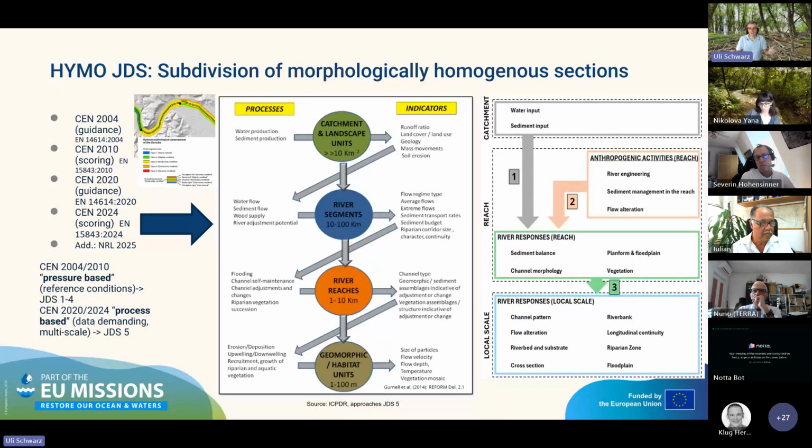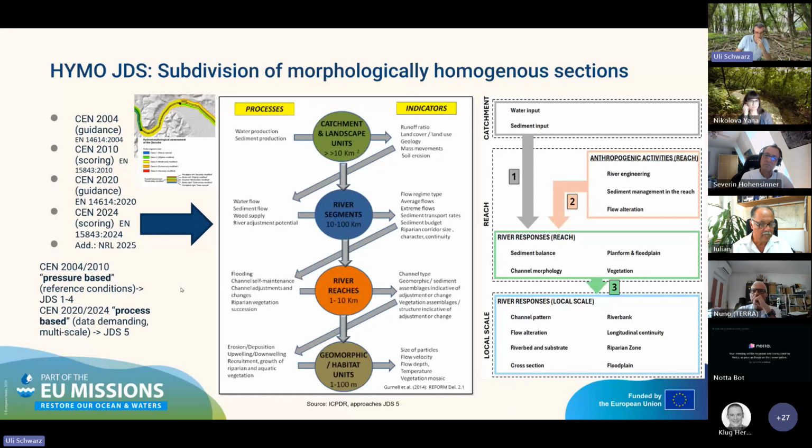So if you have the Iron Gate, the problem with the trapping of sediment is causing problems hundreds of kilometers downstream, not only 10 kilometers on the river reach. So therefore, this graphic is not perfect in my opinion here. But in general, this is exactly how we should discuss it.